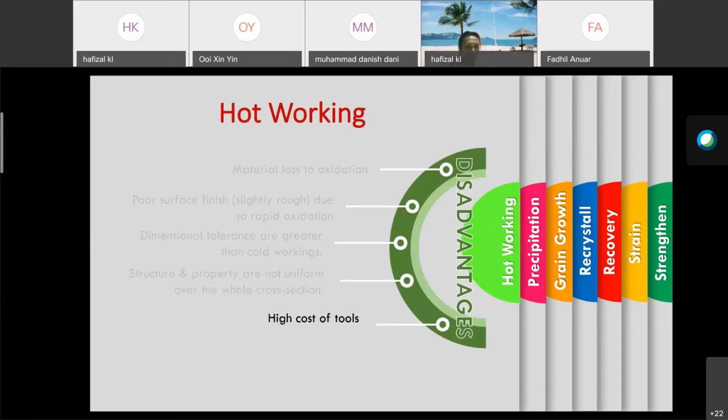We need materials that can withstand the temperature, since the parts of the machine we use need to withstand the higher temperature. A lot of material is involved in producing a machine that can withstand it, so high tool cost is involved.